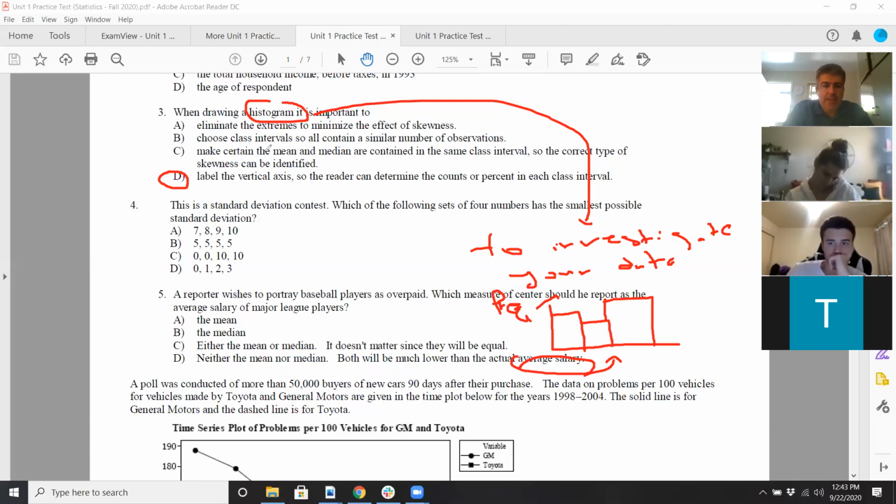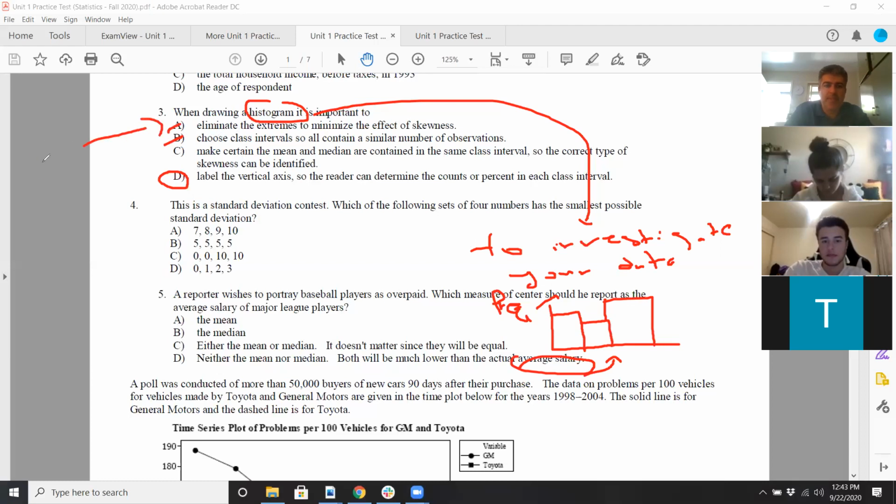Do I have to have a similar number of observations in each interval? No. I could have more in one interval than another. I want to investigate that. So we're not going to choose class intervals so that there's a similar number of observations in each one. No. I want to know if one interval has more than others. Does this interval have the people who make a lot of money? Are there a lot of people in that group? I'm curious. I want to know that. Eliminate extremes. Never ever do that.